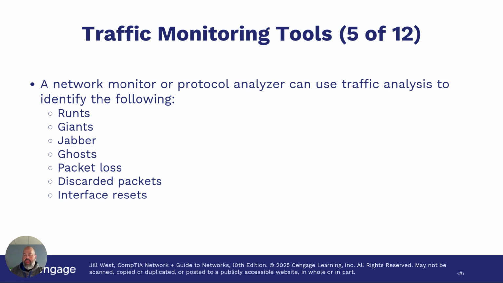They're the big guys. Jabbers are when a device won't shut up and keeps transmitting. Ghosts are phantom signals. Packet loss is when data goes missing in action. Discarded packets are the ones that get thrown out. And interface resets are when things need to be turned off and on again. And that's basically technology 101.